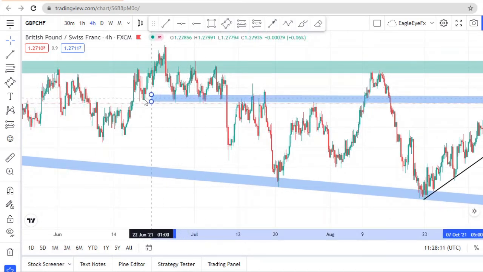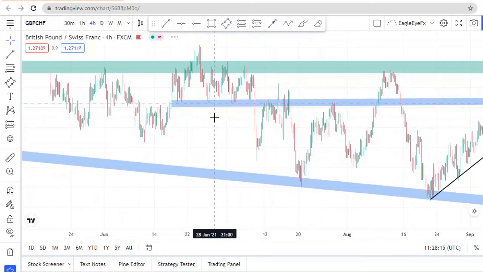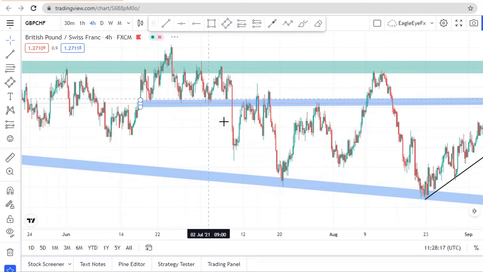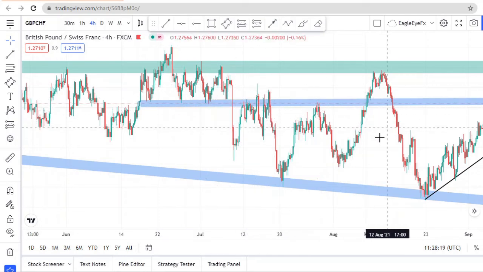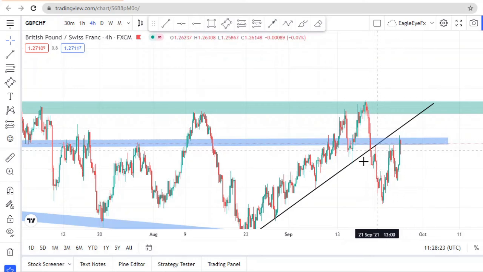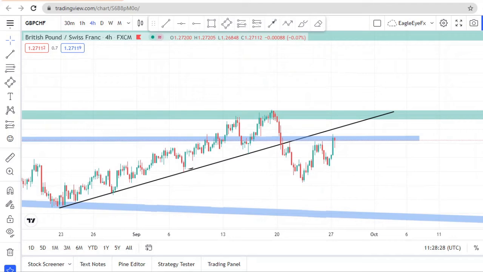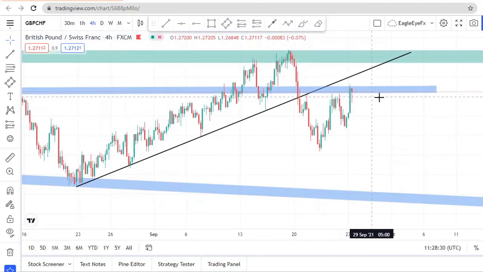Then if I pull this back again, you see this level acted as a support before: support, break, rejection, then there's a break, then you see some sort of support, and then now you see that. So you can see that we are actually on this level over here.